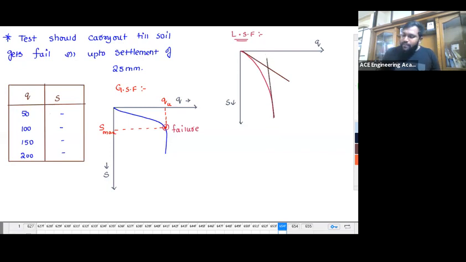Wherever they meet, this point is the failure point, and the load corresponding to it is the ultimate load carrying capacity.